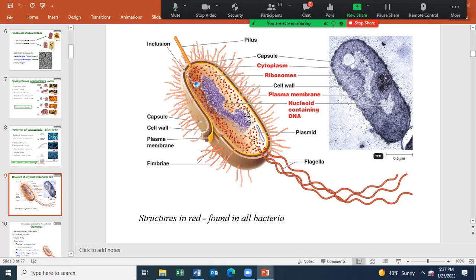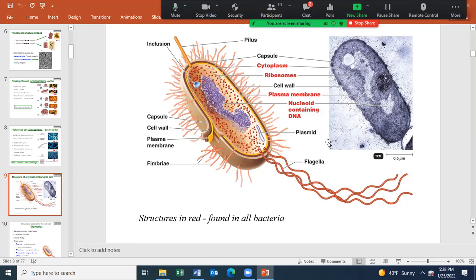The nucleoid region is just wherever in the cytoplasm the DNA is floating around. And it stains usually a little differently. So right there, we're seeing the nucleoid region. It stains a little differently than the rest of the cytoplasm. But there is no boundary between the nucleoid region and the cytoplasm. The nucleoid region is wherever the DNA floats in the cytoplasm. Any question about any of that?